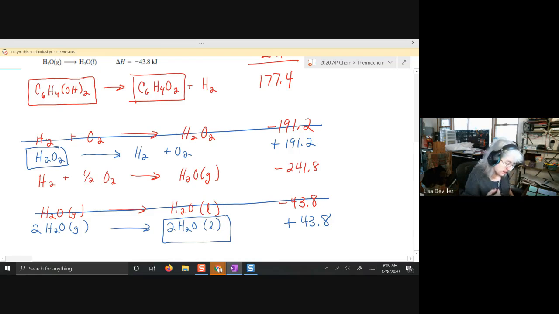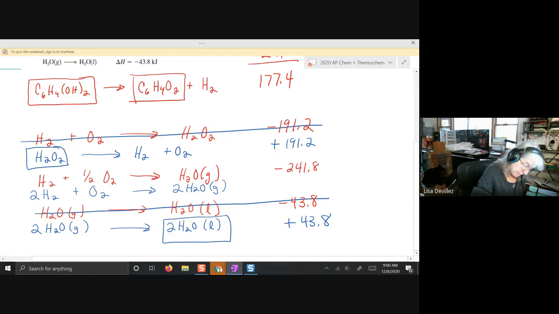So now all that's left is to make the other stuff cancel. So 2H2O gas, I'm going to go through this one by 2: 2H2 plus O2 yields 2H2O gas. So that's going to be negative 241.8 times 2.